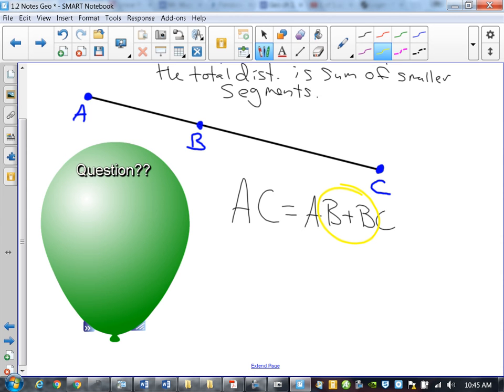Which also means you can do stuff like this. How much is that? 4. Why is that? Because 4 plus 18 is just 22. That's all it is. It's a one-step algebra problem, isn't it?